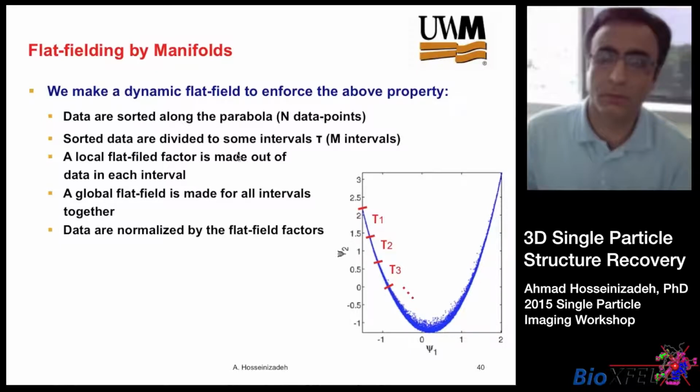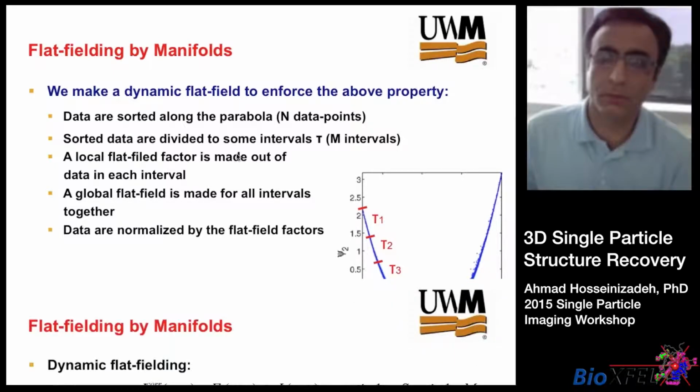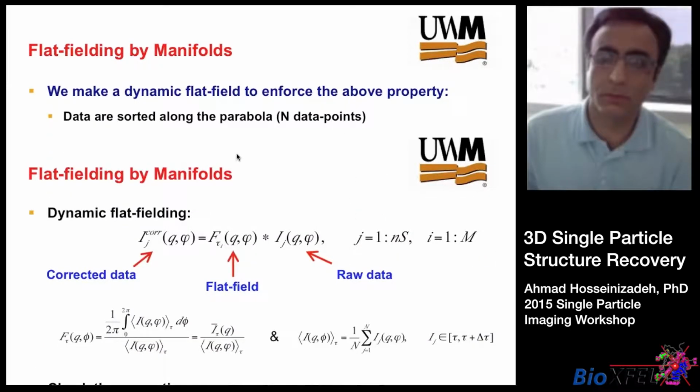So how do we use the manifold? We had this manifold, and this is the pipeline. We sort the data according to this manifold from here to here. We fit the problem to this and find the arc length, and then sort the data according to the arc length.